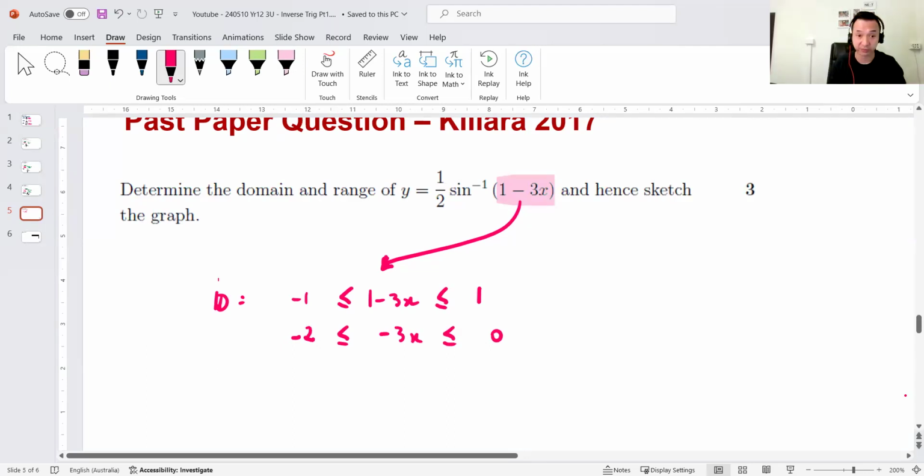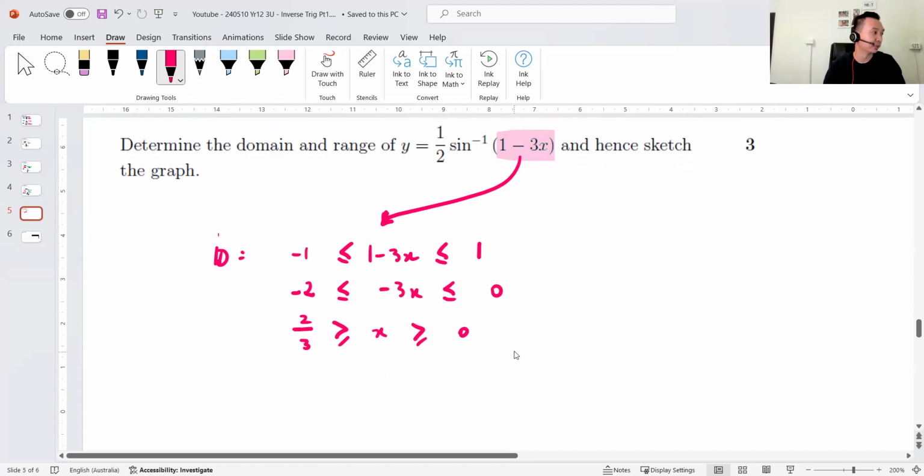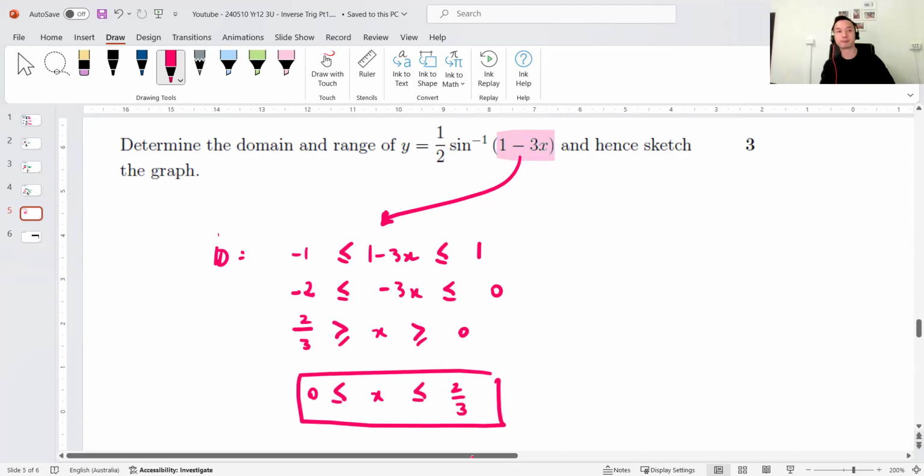Now divide by -3, so that becomes 2 on 3. Sign flips, 0, right? Reverse that, please. Yep. Reverse that, and you get 0 less than or equal to x less than or equal to 2/3. Boom, right? Nothing too hard.